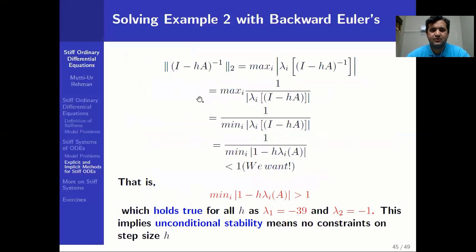Okay, so how we define the matrix 2 norm is as follows. You have to compute the spectrum of the given matrix, and then you choose the maximum eigenvalue from that spectrum. Okay, so this expression can be written in this particular format because this is the inversion.